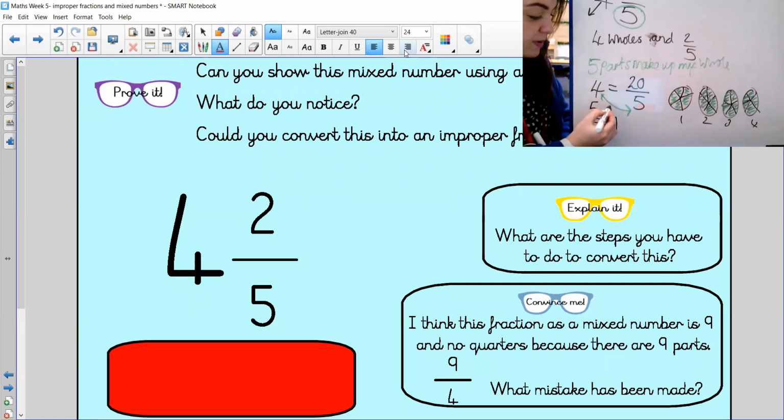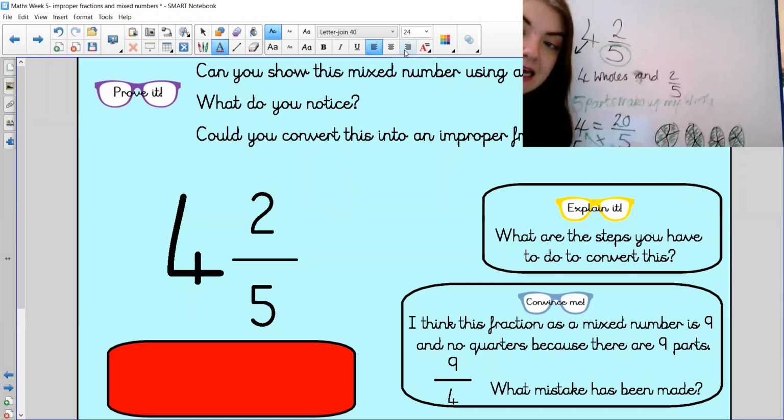So what could I simply do to these numbers to get me the answer? I know that 5 lots make 1 whole, so I just need to do 5 times 4, because I've got 4 lots, which will give me 20 lots. Are you seeing that relationship there? One lot is 5 fifths, so 4 lots of those is 5, 10, 15, 20.